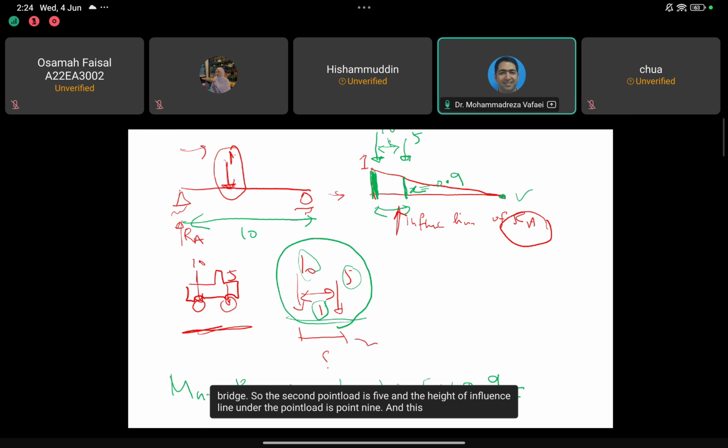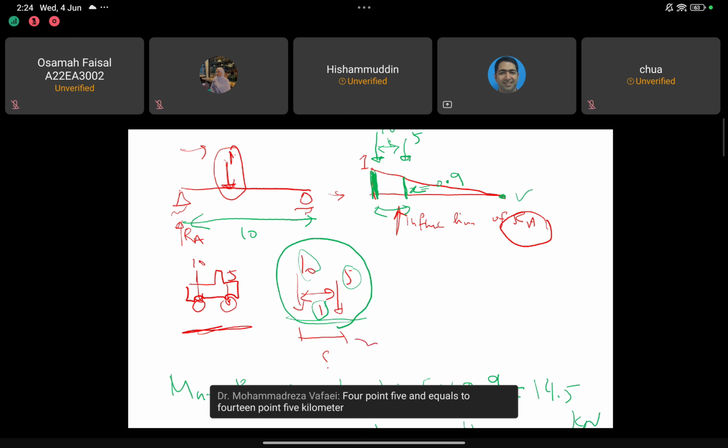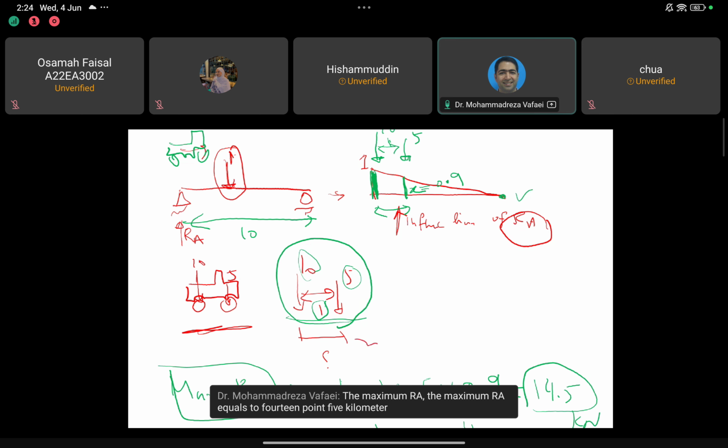And this is going to give you how much is RA when the bridge is subjected to the car. So it is 10 plus 4.5 and equals 14.5 kilonewton. So what does this mean? This means when this car is passing over the bridge, the maximum RA equals 14.5 kilonewton.